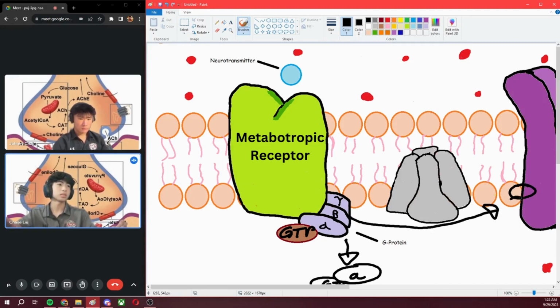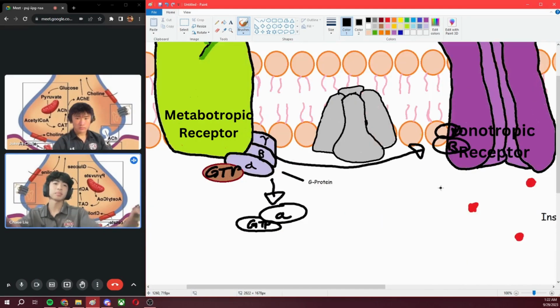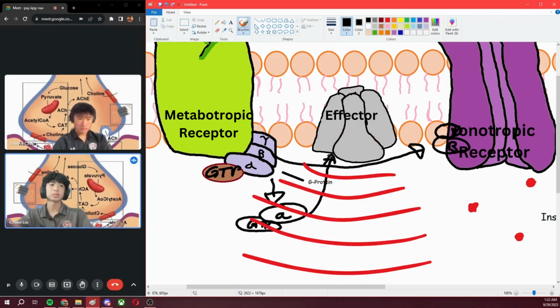So it will look something like this. And while that's happening, the alpha subunit attaches to the effector, and this effector acts as a secondary messenger, and it amplifies the signal to elicit a specific response.